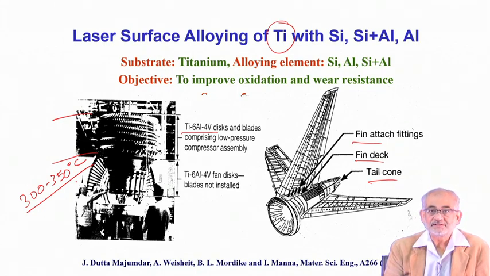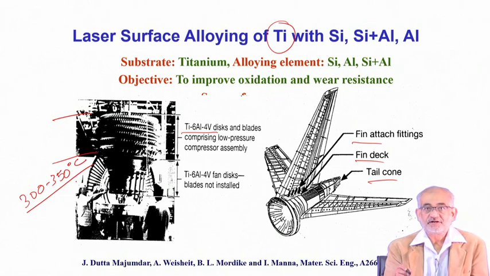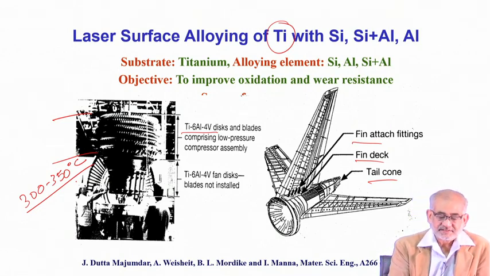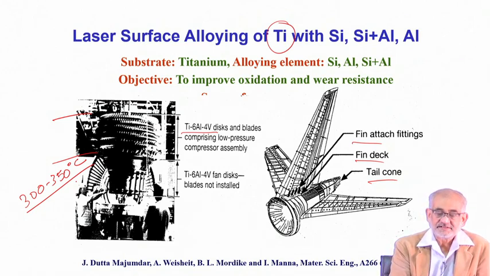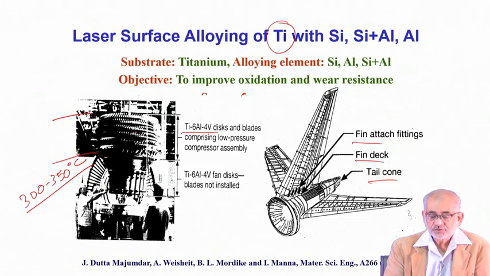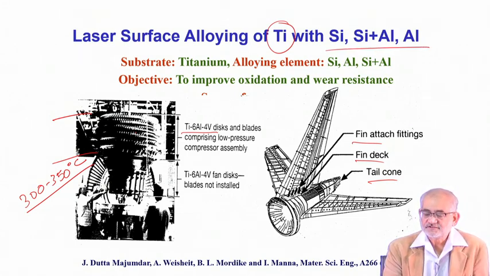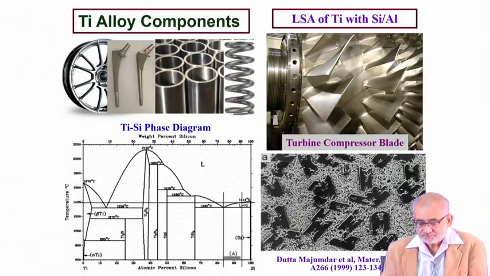In order to make the jet engine more efficient, you would like titanium compressor blades to withstand higher temperature, because during a high ratio of compression, the frictional temperature rise at the surface would be higher. So we wanted not to change the titanium bulk, but alloy the surface with silicon, aluminum, or silicon and aluminum.